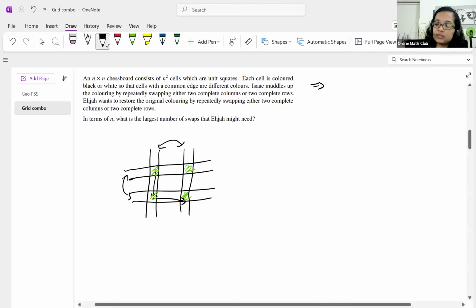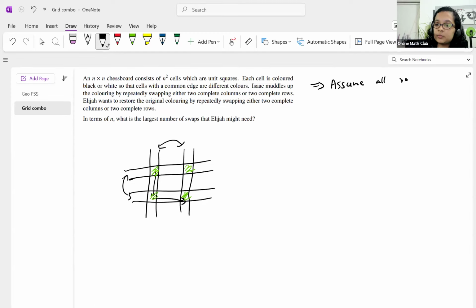So we know that all row swaps take place and then all column swaps take place. You can also assume that Elijah's row swaps, which he makes after Isaac, happen before Isaac's column swaps. You can imagine he can just see into the future and do his swaps before Isaac makes his column swaps.